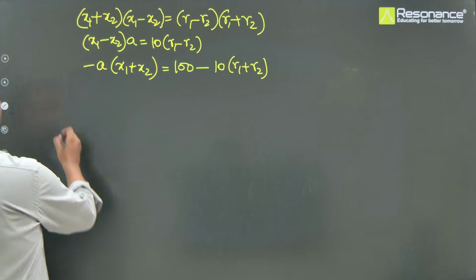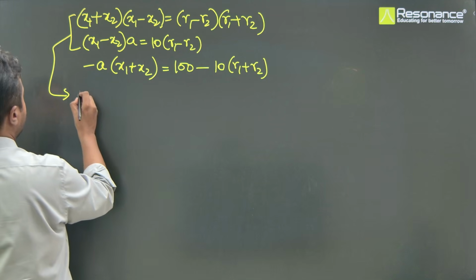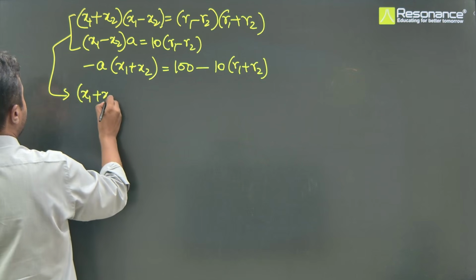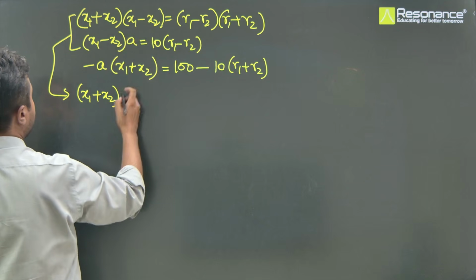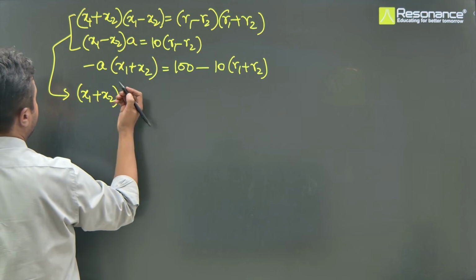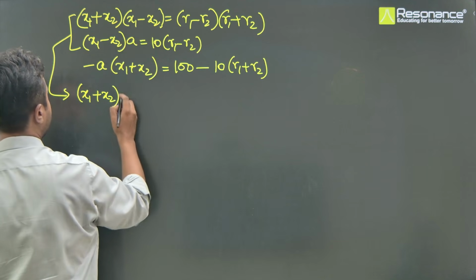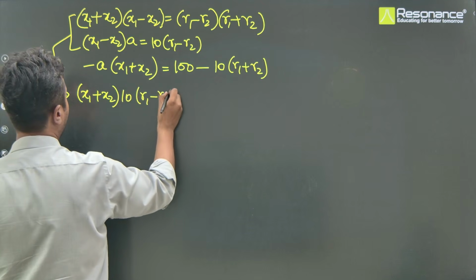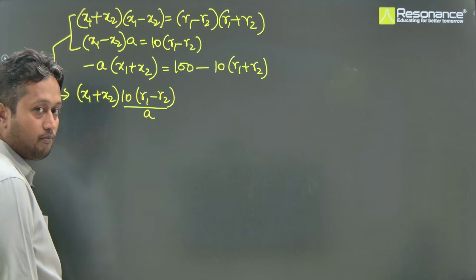Okay, now from these two equations, you can make some simplifications, namely (x1 plus x2) into that thing. I can replace it by, okay, x1 minus x2 is 10 times (R1 minus R2) divided by a. Well, you might say, is that a safe thing to do?